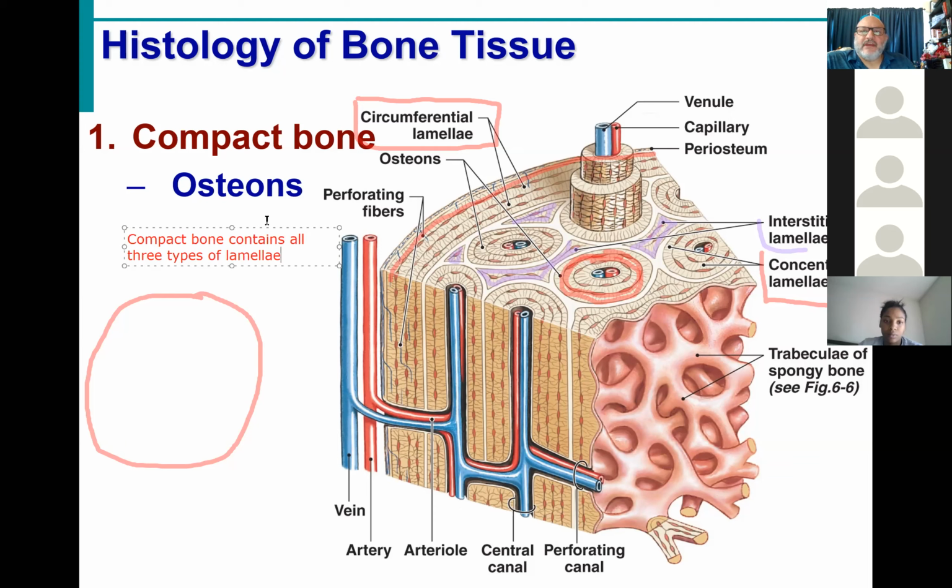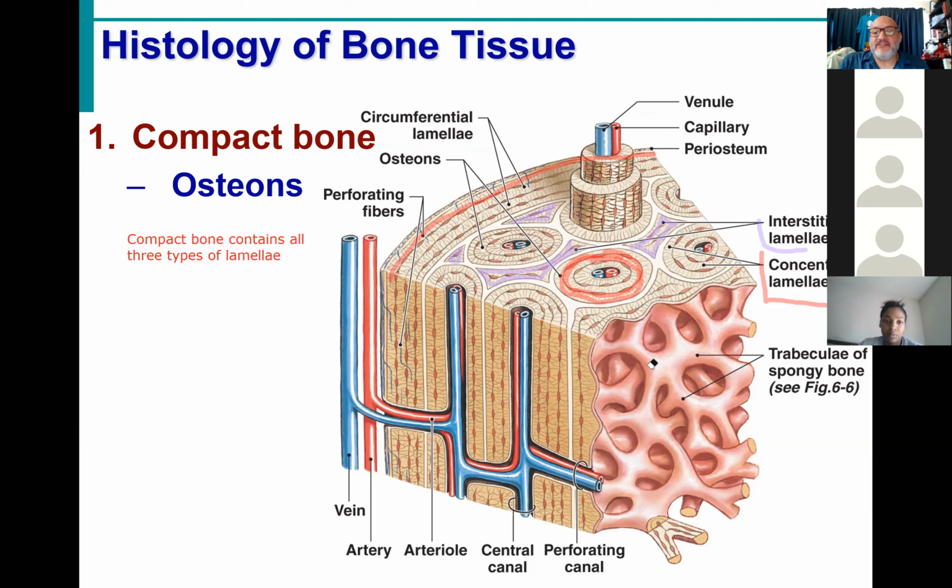Question? Yes. I'm having a little bit of trouble understanding the difference between the concentric and the circumferential. Okay, so let's change colors. Notice this is a pie wedge piece of a bone.